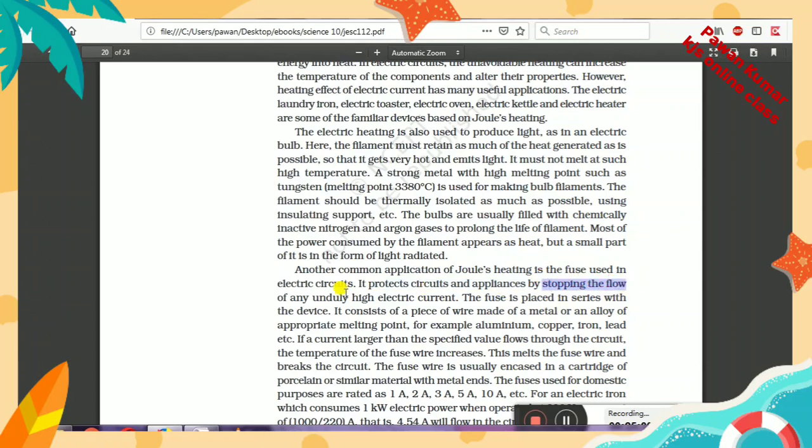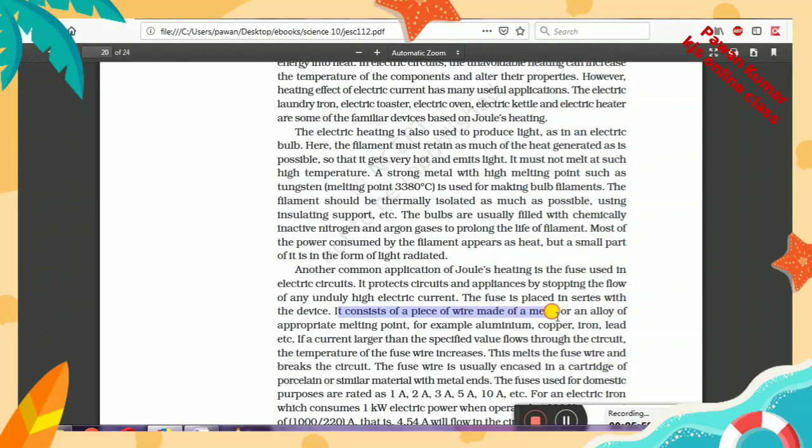It will stop the flow of high electric current. The fuse stops the flow of high electric current. Fuse is placed in series in the device. Okay. Remember, you could be asked in which configuration fuse is added. So remember, fuse is added in series in the circuit. Now what does fuse consist of?